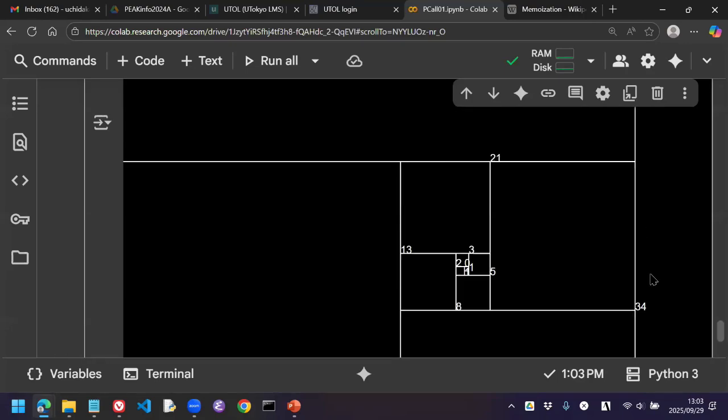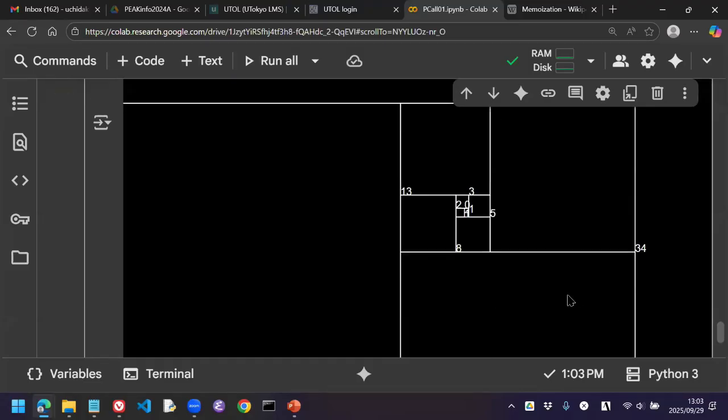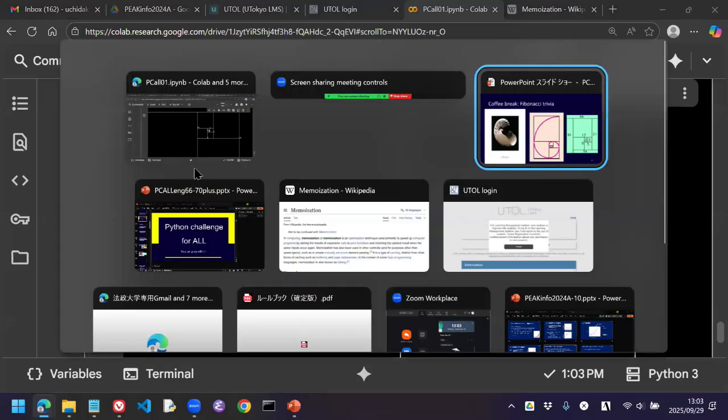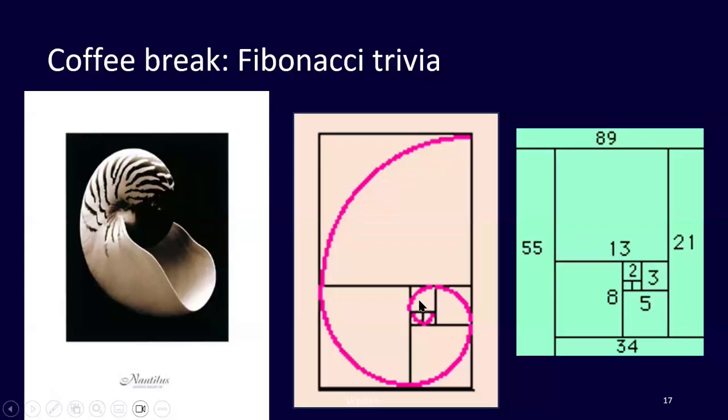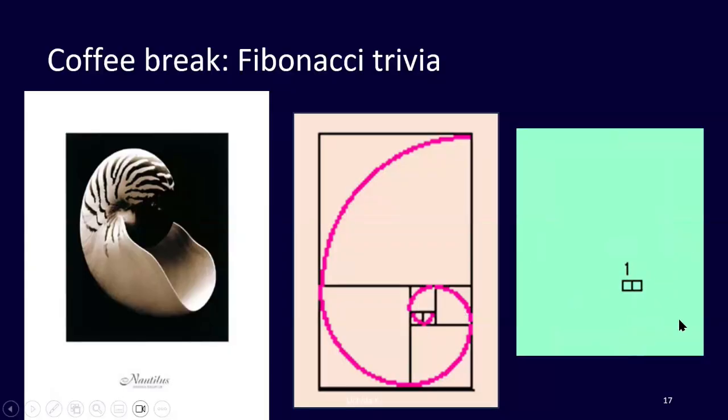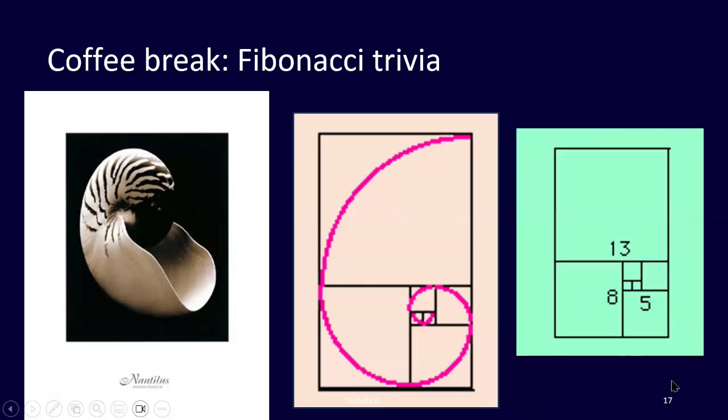Yeah, like that. Although the canvas is too small, we can see that it is drawing the Fibonacci squares like this. Okay, I hope you like this and try it yourself and enjoy the turtle drawing with Fibonacci numbers.